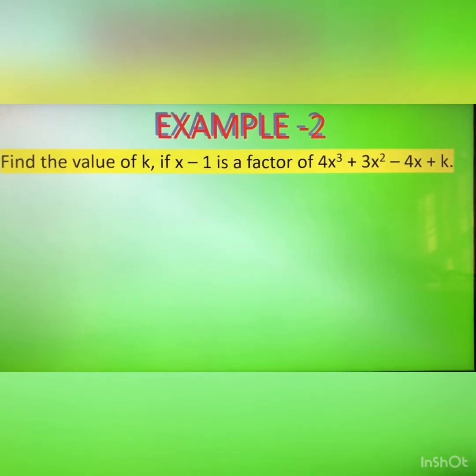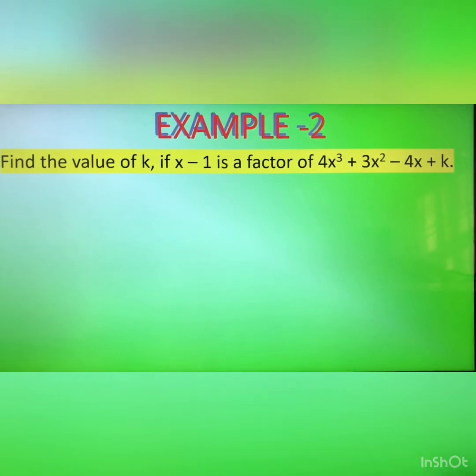Let us understand with the second example. Let us find the value of k if x minus 1 is a factor of 4x cube plus 3x square minus 4x plus k. So according to the factor theorem, if x minus 1 is a factor of this given polynomial, then 100% P(1) should be 0.